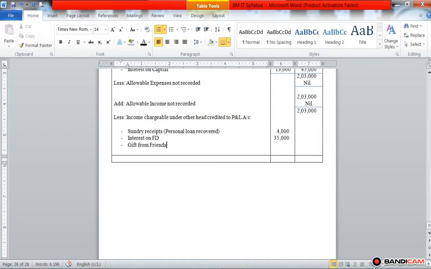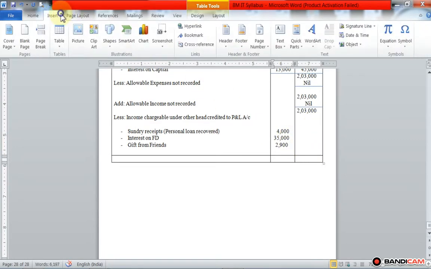Gift from friends is also income from other sources, amounted to rupees 2,900. Make the total of the inner column. So the total is 41,900. Okay, 41,900, and deduct this other income from net profit.